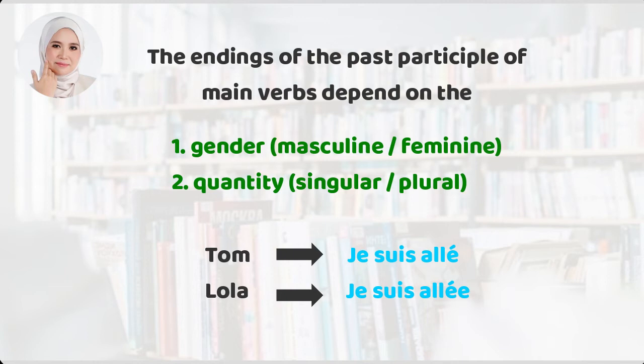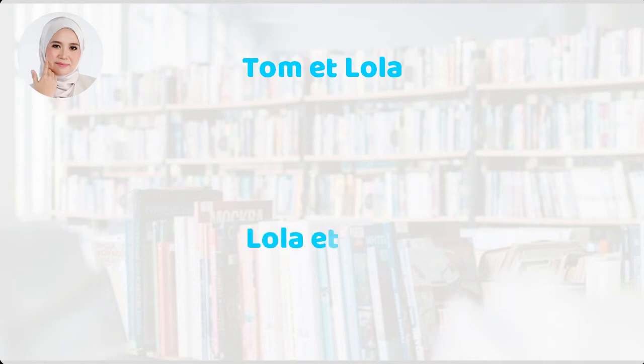Now my second point is that it depends on the quantity or number. Let's look at this. You have here two pairs. The first pair is Tom and Lola. The second pair is Lola and Lina.